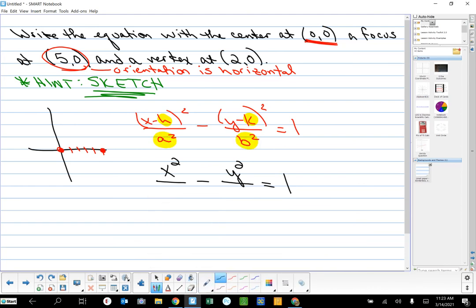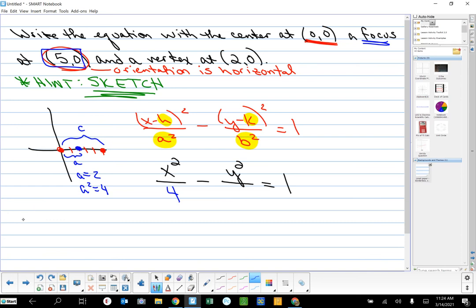All right, well, maybe I already have some information. Let's go back. So this was my focus at 5, 0, which means if this is a focus, that's c, right? Okay, so we'll use that information. And a vertex at 2, 0. If that's a vertex, that means that's a. So a equals 2, so a squared equals 4, and that can go under here.